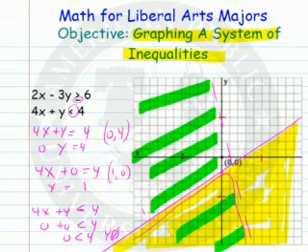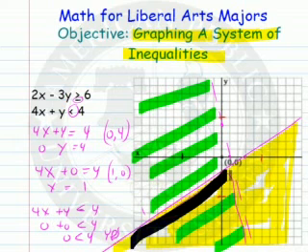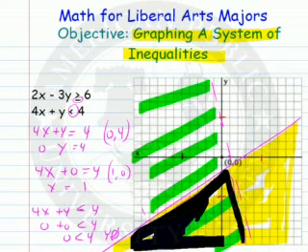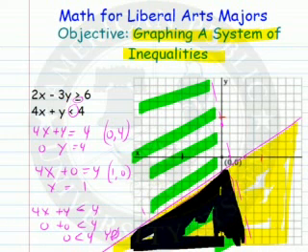So we'll do that one in black then. And remember, we want the points on that one line right here, but not the points on this line. So here is my solution set. It's dashed lines here, and it's a solid line here.